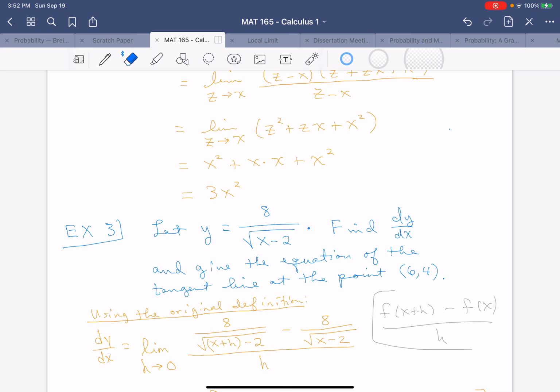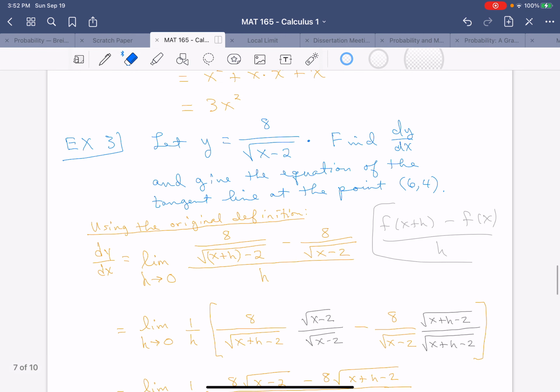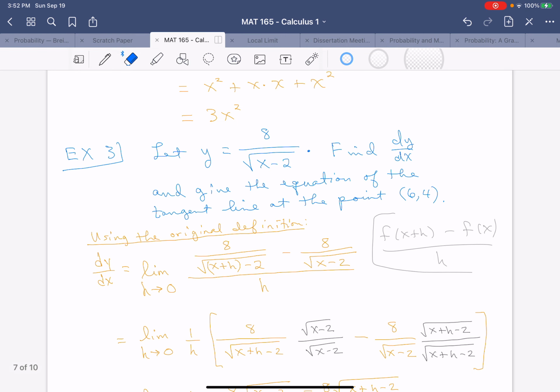And so with complicated expressions like this, one of the first things that I recommend you do is take this, everything divided by h, and move that to the front as a multiplier, 1 over h. And so that's the first thing that I'm going to do. You see here, I brought out the 1 over h, and now we can just focus on what was in that numerator.